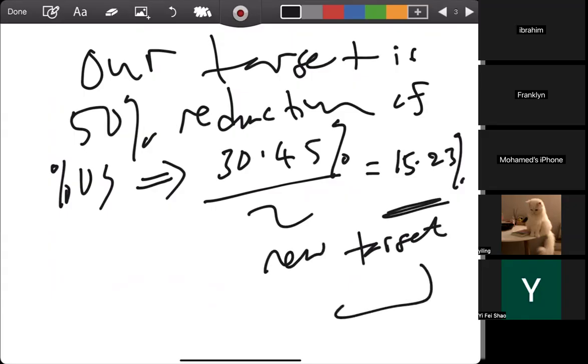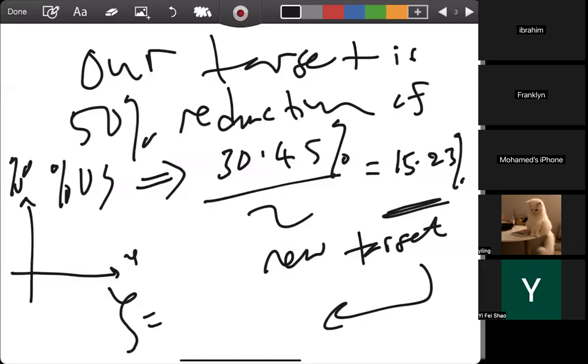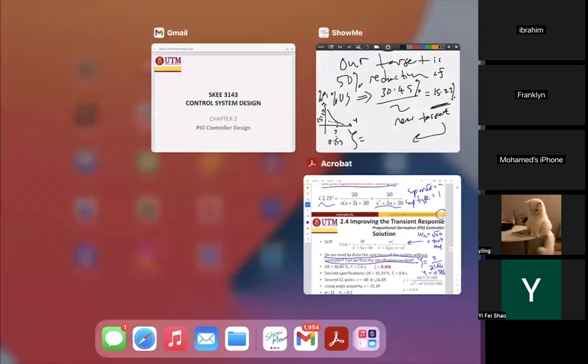And this new target, Izzah, will give you what zeta value from the graph that I gave to you? 0.513.